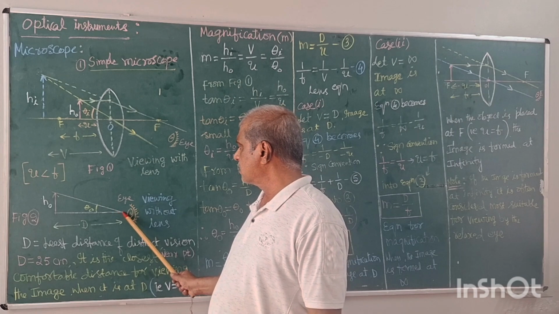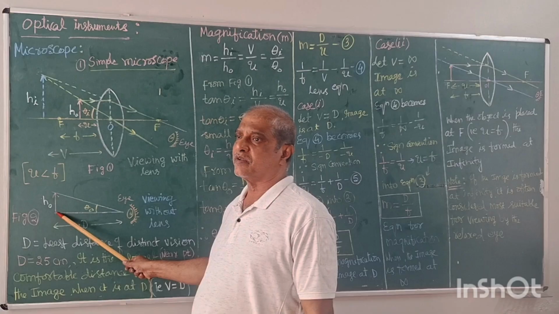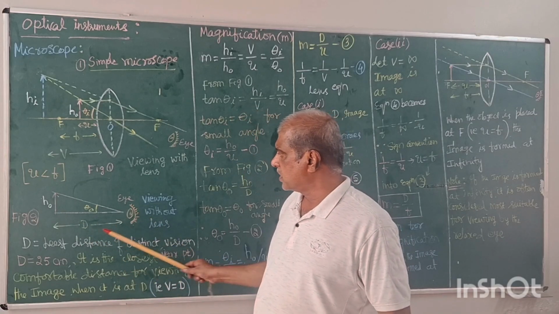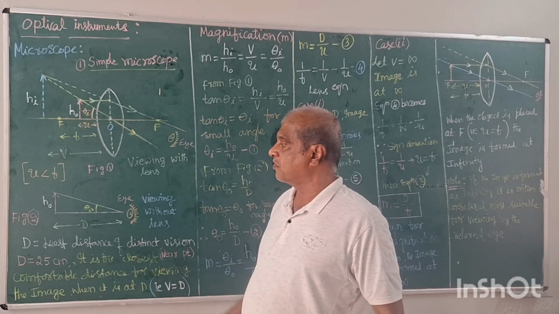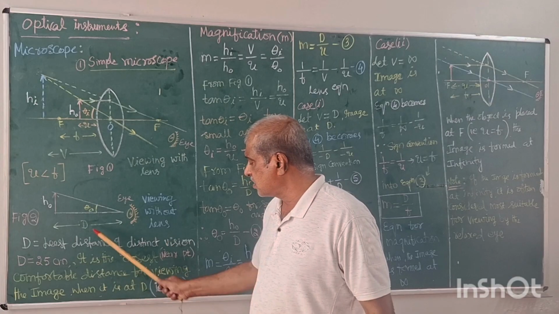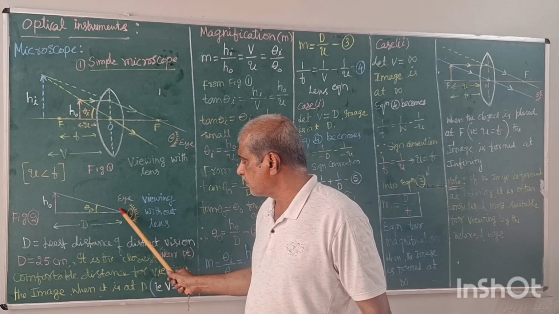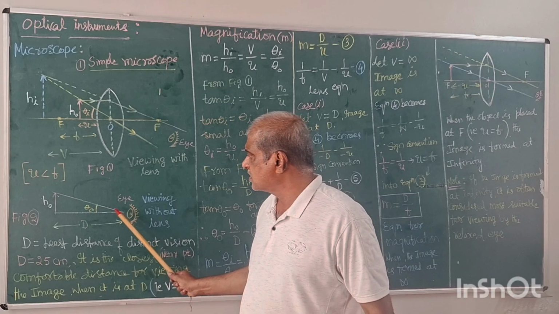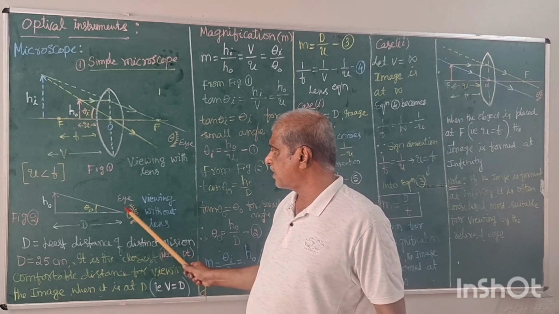The eye can observe the object with clear visibility without any strain produced in the eye. What is D? It is the minimum distance of the object from the eye for clear visibility without producing any strain in the eye.